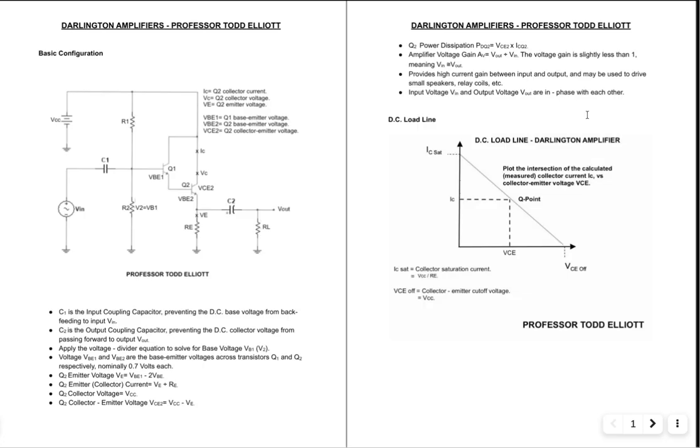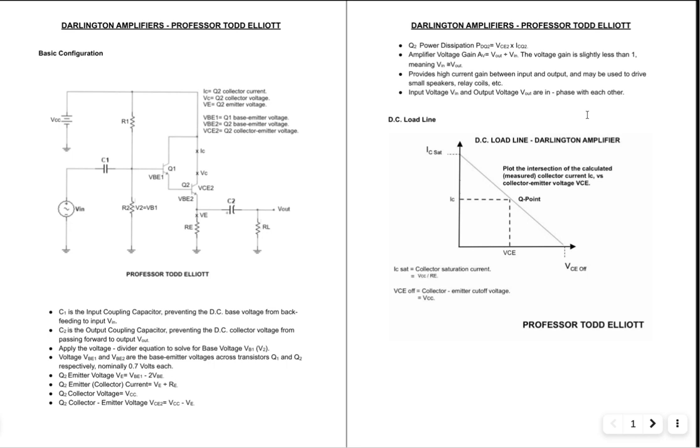Once you get to that point, it's then fairly simple to show you the current gain, which is simply the ratio between the AC current drawn from the source to the AC current delivered to the load. But that's far beyond what I have planned for today.